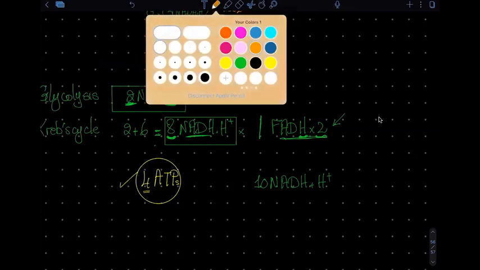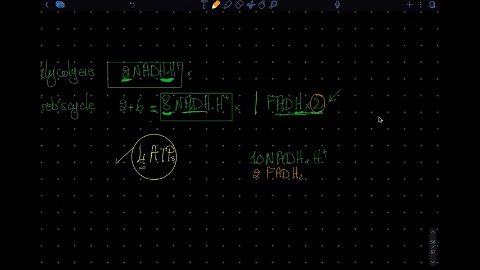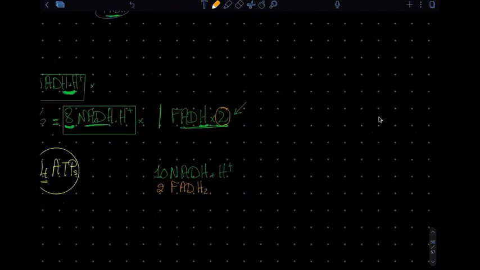I've got 1 that will be released from each Krebs cycle. So this means I have got 2 Krebs cycles, so I will be forming 2 FADH per glucose.